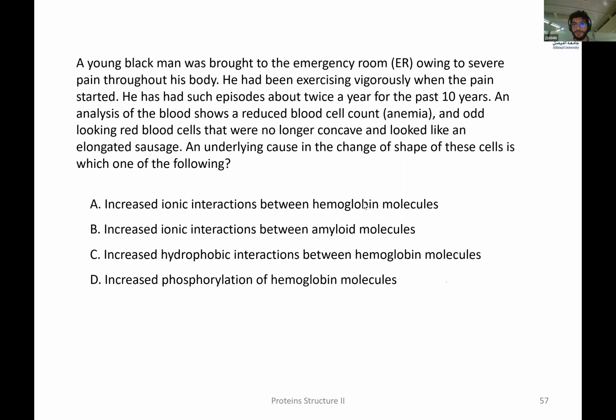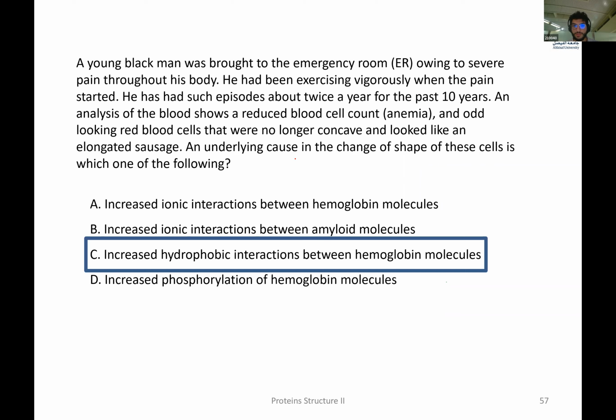Did you guys read it already? I think most of you are saying C. You're right, it is C. It has anemia. This is a bit advanced, but you can tell it changes the shape of the cell. You can tell it's sickle cell anemia.